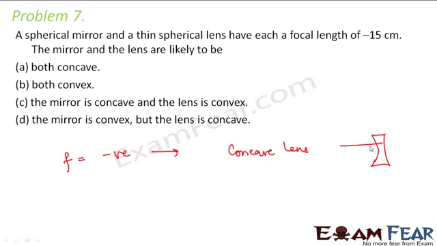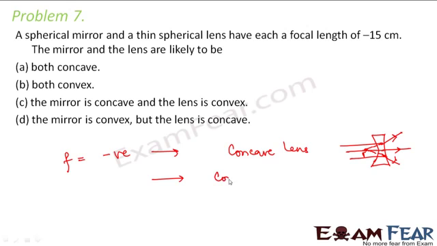If you remember the concave lens, when a parallel beam of light falls on it, the rays all diverge, and when you extrapolate them in the backward direction, they meet at the principal focus. Therefore your focal length is negative in the case of a concave lens. What about the mirror? In which mirror is the focal length negative?